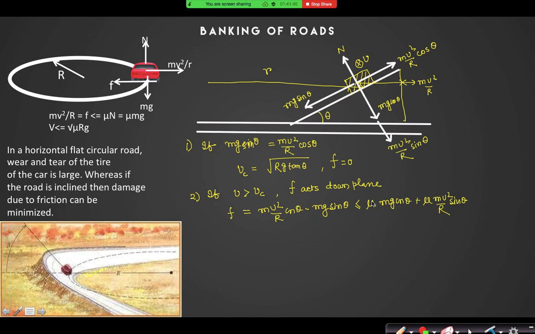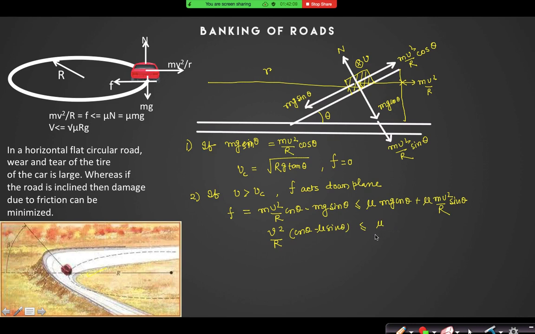Just check once. So that means we can increase the maximum speed. Yes, but there is a limit to that. We are going to find that maximum limit now. So what is that maximum limit? Larger than the previous case. Yes, definitely. So I can say that v square by r into cos theta minus mu sin theta is less than or equal to mu g.